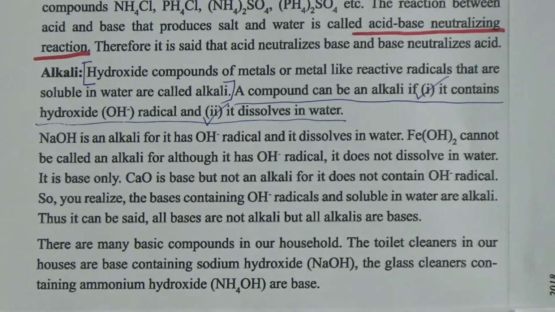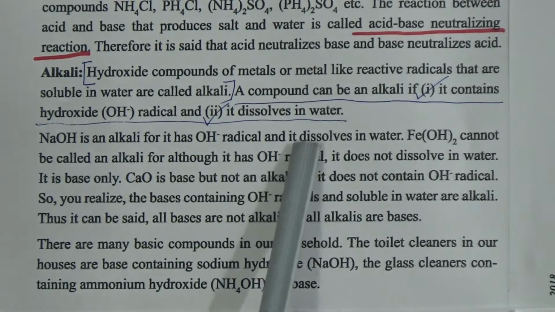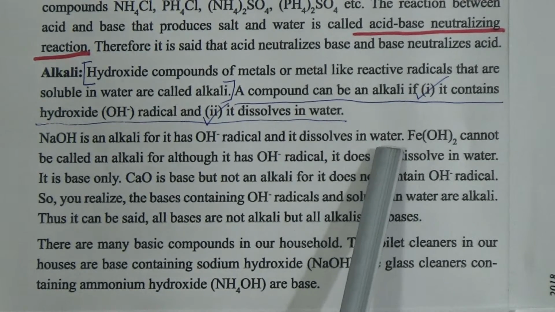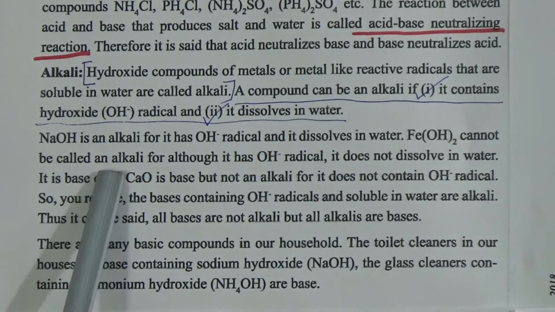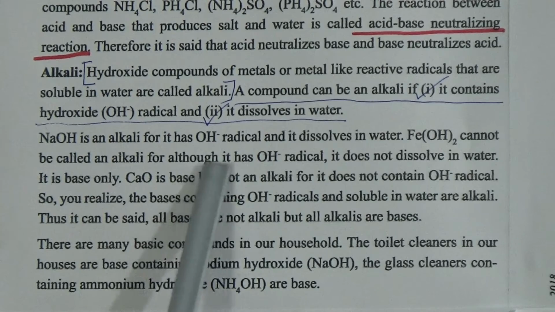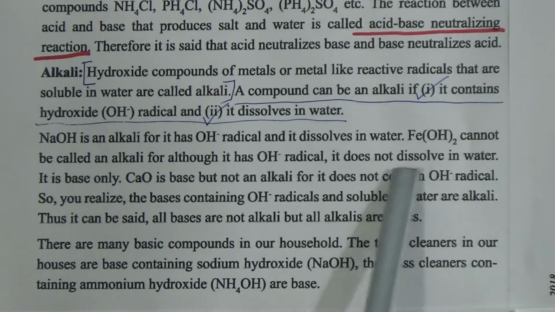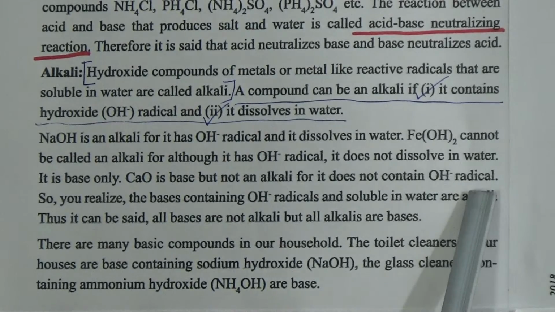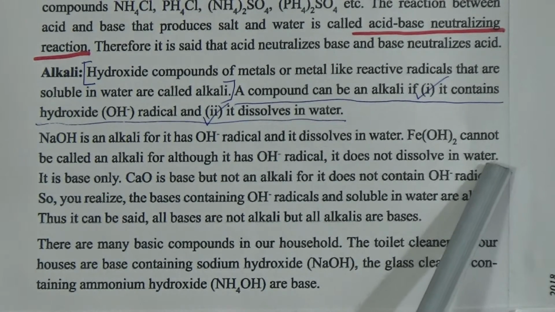Now, sodium hydroxide is an alkali because it has hydroxide radicals and it dissolves in water, and ferrous hydroxide cannot be called an alkali because although it has hydroxide radicals, it does not dissolve in water. That means if any of the characteristics is absent, it is not an alkali, it is only a base.